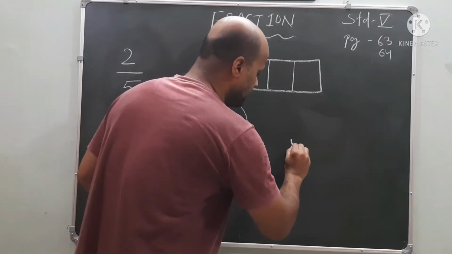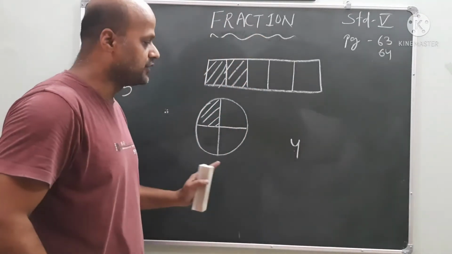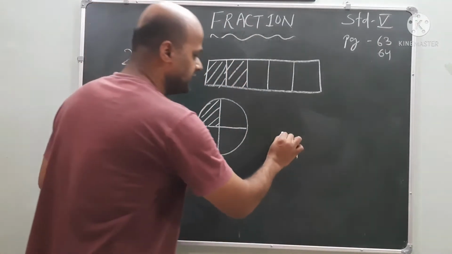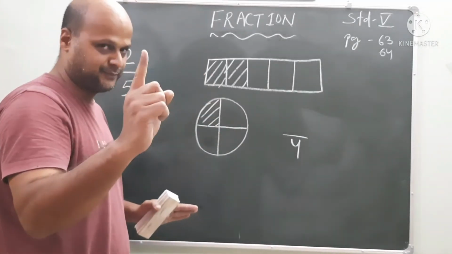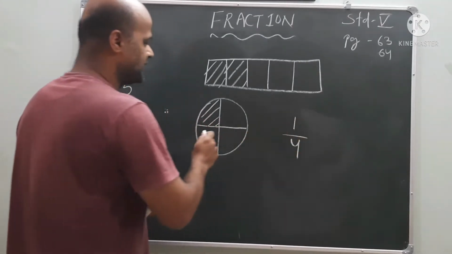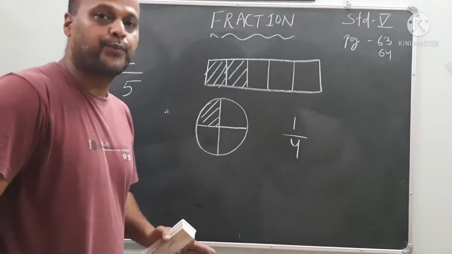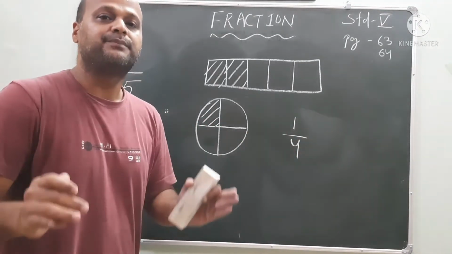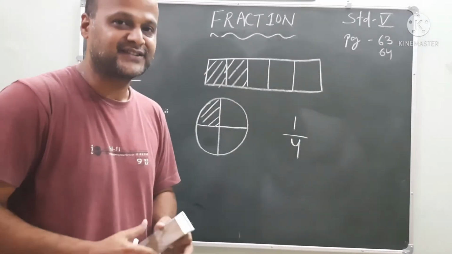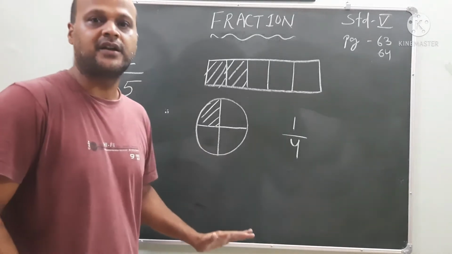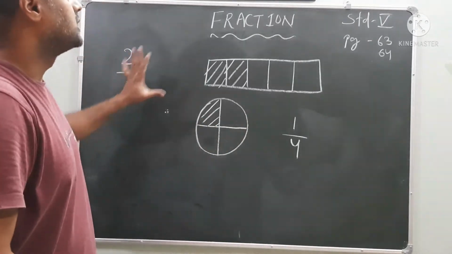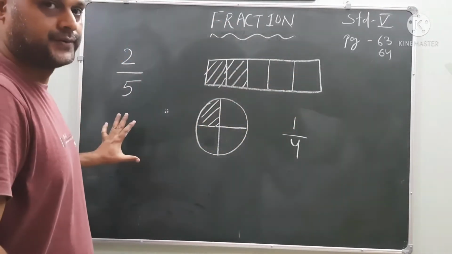Your father made 4 parts. So in the denominator you have to write 4. And how many parts were eaten by your brother? 1 part. So the fraction is 1/4 of the pizza eaten by your brother. Yes or no? So this is the simple trick of the pictorial manner, how the fraction is shown here.